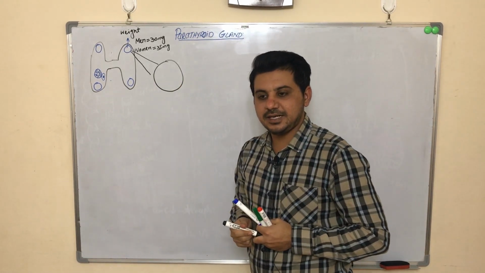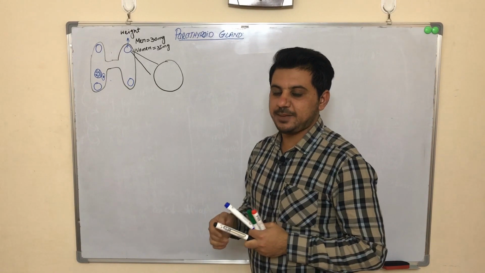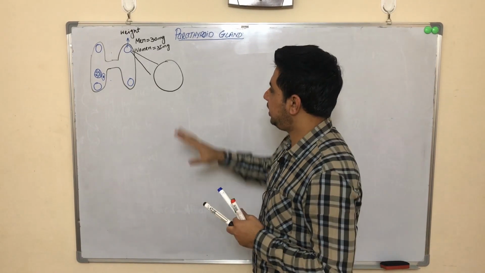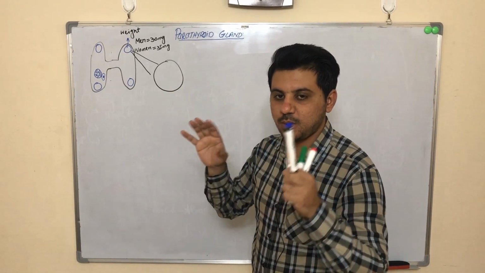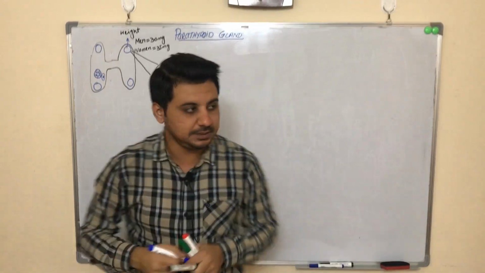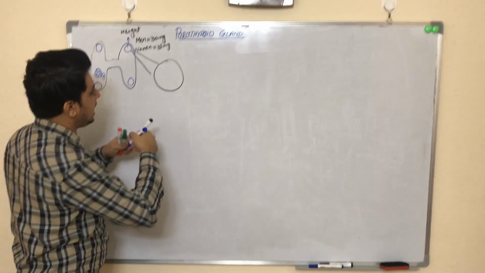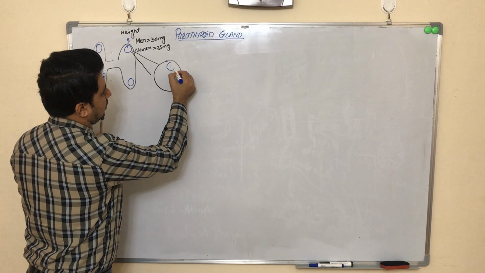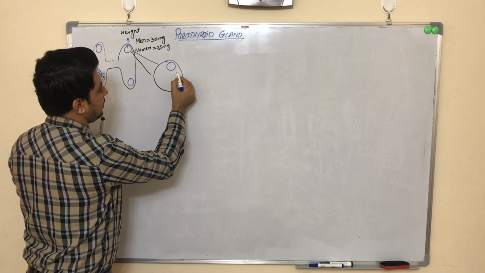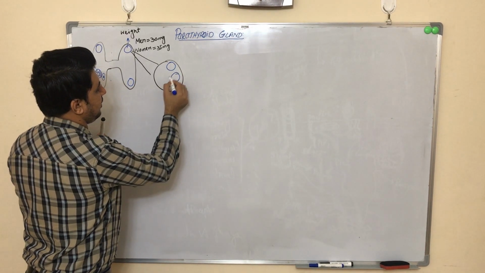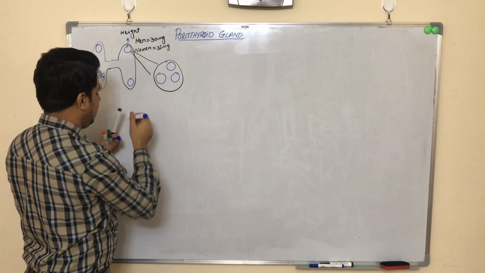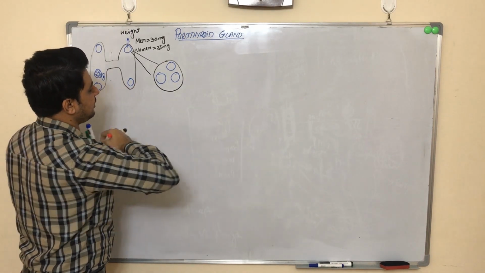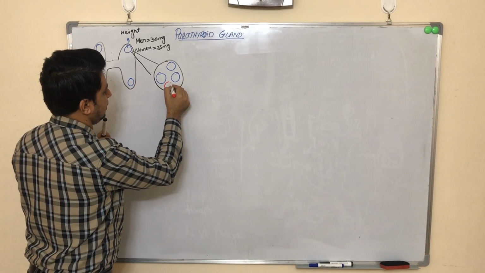In the parathyroid gland, there are usually two types of cells, which are very important. Here we have the first type of cell, and here we have another type of cell, like this.